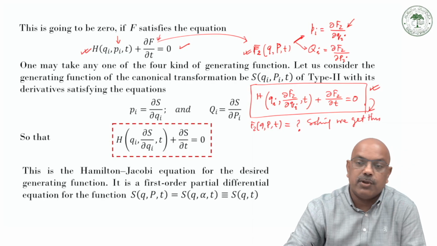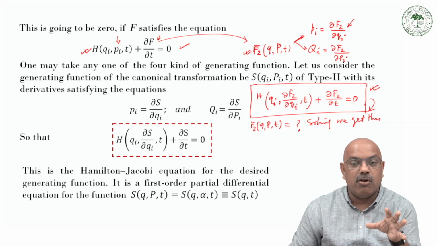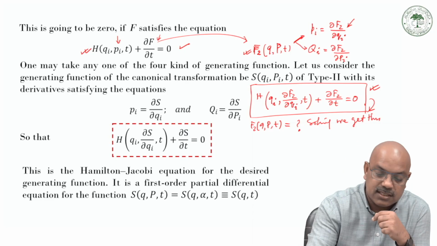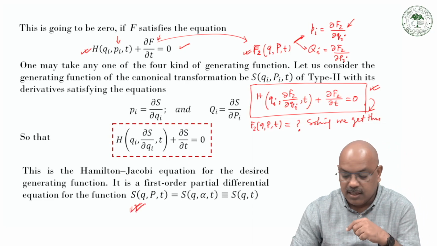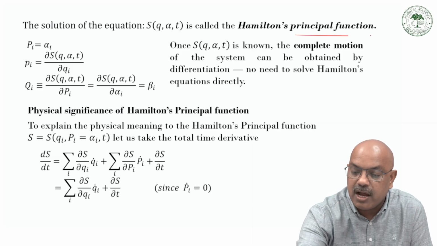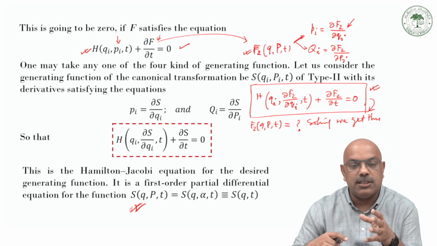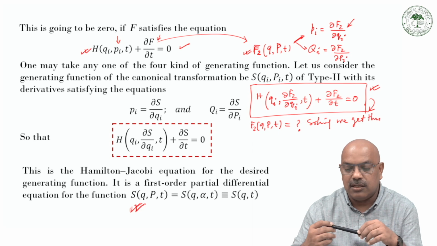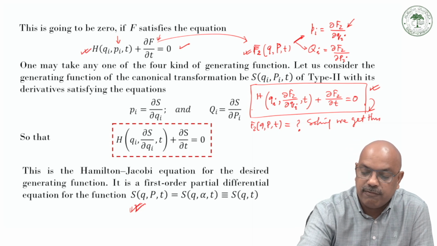Solving this differential equation, I'm going to get this F2, and in the Hamilton-Jacobi theory this F2 is defined as S, which is known as the Hamilton principal function. So in effect, what you do is you write a generating function, you have this equation, and then you solve this differential equation.